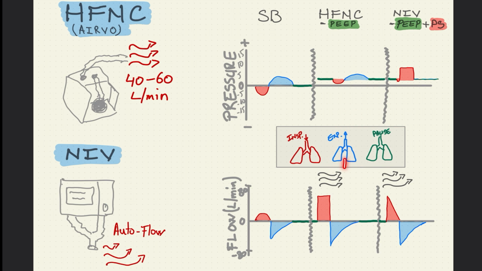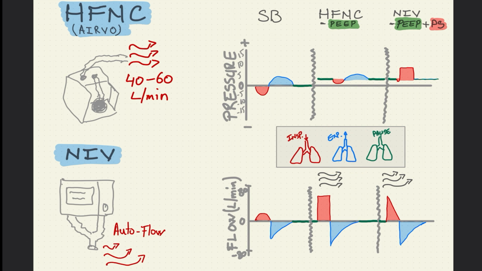Notice that as the pressure inside the thoracic cavity is positive, the flow of air is inversed, from the lung out into the mouth, and out into the atmosphere. And this is represented by the blue expiratory phase.